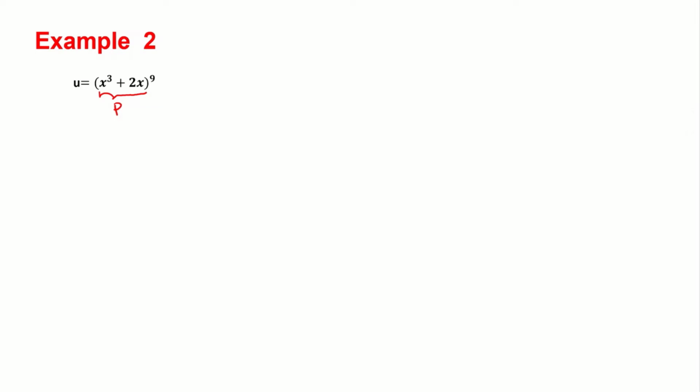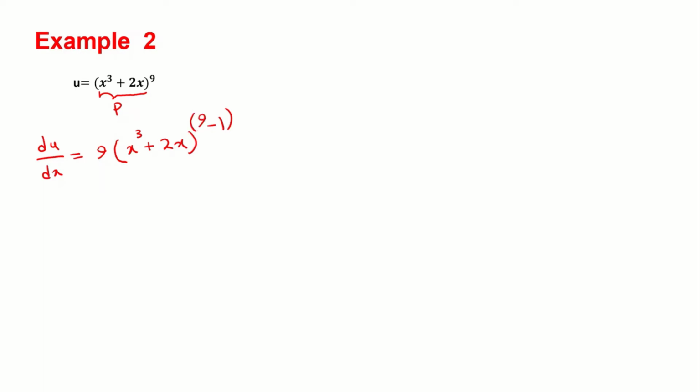So p is in power of 9, so again we have to use the power rule. Therefore we have du over dx equals 9 times x cubed plus 2x to the power of 9 minus 1, where we reduce the power.